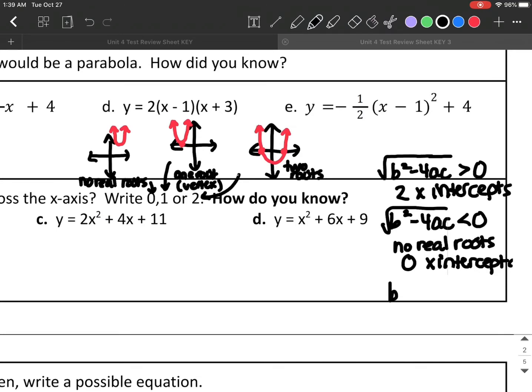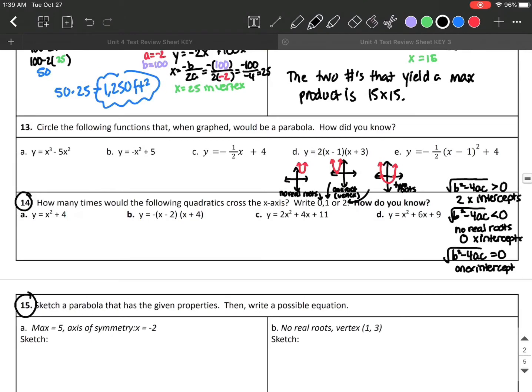And then if b squared minus 4ac is equal to 0, that means in my quadratic formula, what I'm adding or subtracting is going to be nothing. So normally I would have from that plus or minus two different answers, but if it's 0 that I'm adding or subtracting, I'm only going to have one answer. So this is when you have one x-intercept.